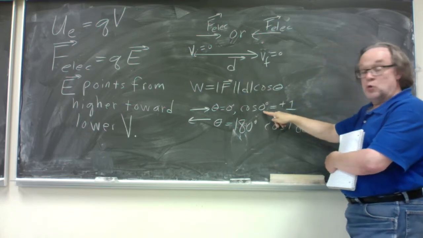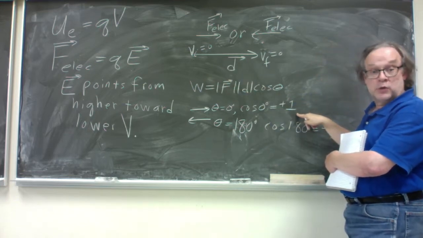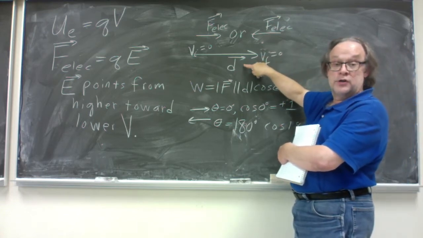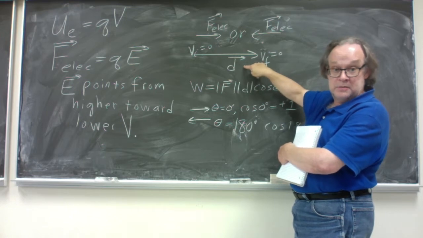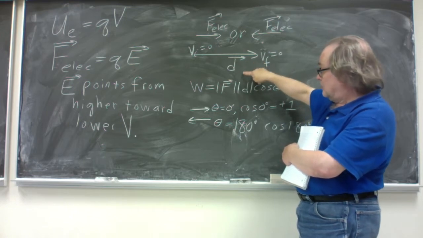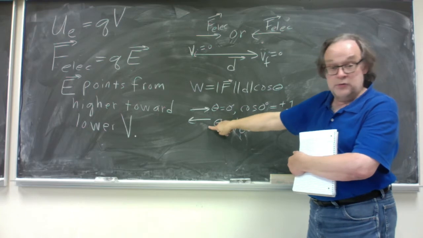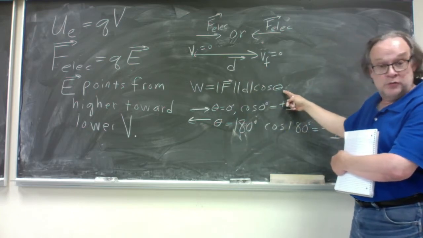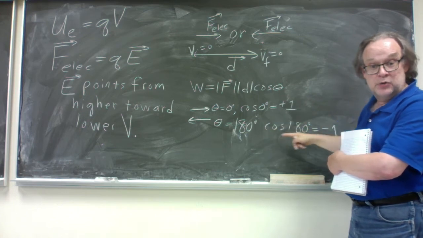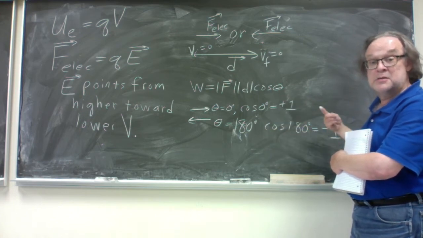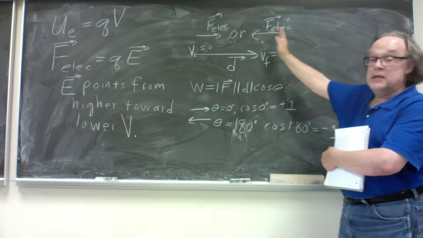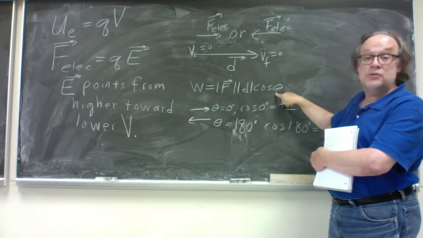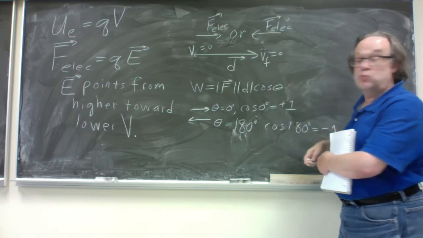And then cosine of 0 degrees is +1. If the electric force points to the left, it's pointing 180 degrees opposite to the displacement. So leftward force with a rightward displacement: the angle between force and displacement is 180 degrees. Cosine of 180 degrees is -1. So in the two situations that we're looking at here, cosine is either plus or -1.